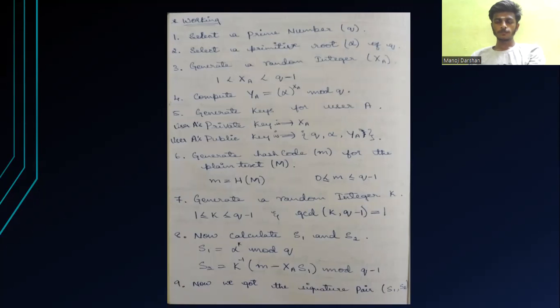Now, in the further process, we need to calculate S1 and S2. We have the formula S1 is equal to alpha power K mod q, and to find S2, we have the formula K inverse (m minus XA S1) mod q minus 1. Now we got a signature pair S1 and S2.